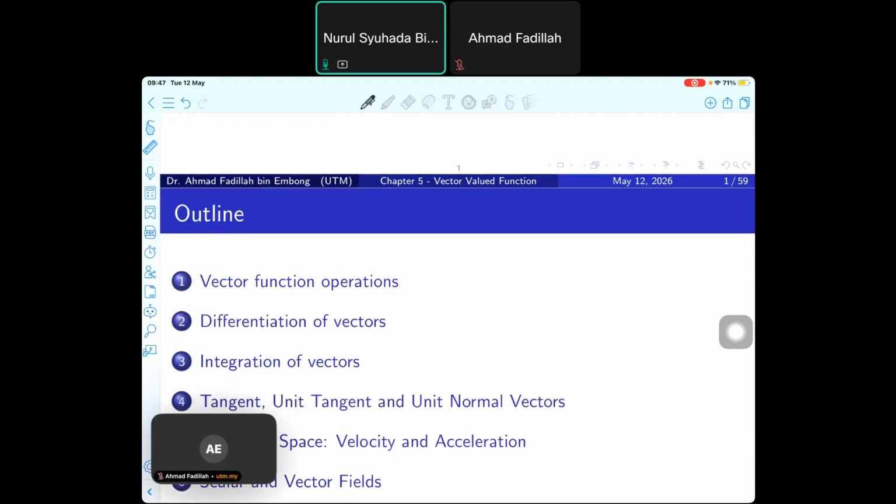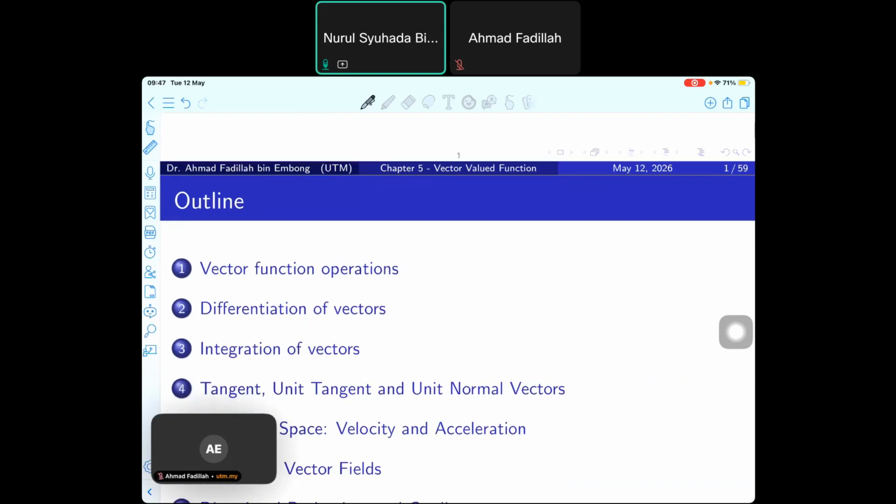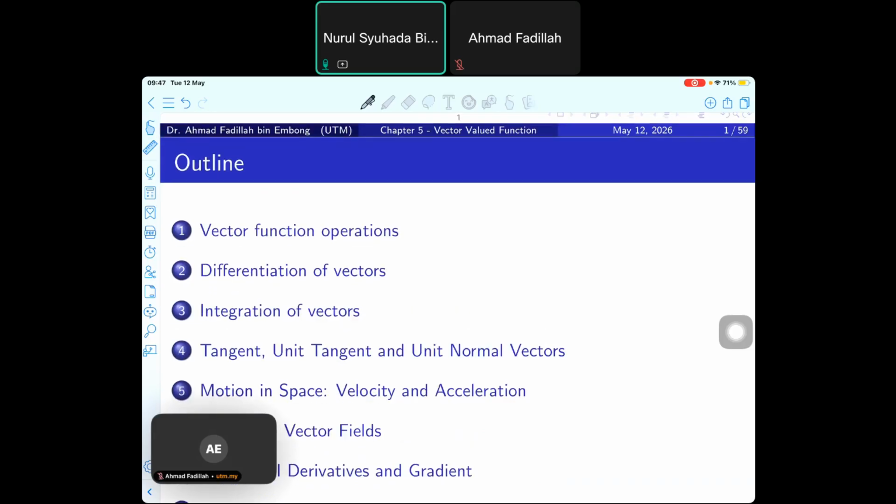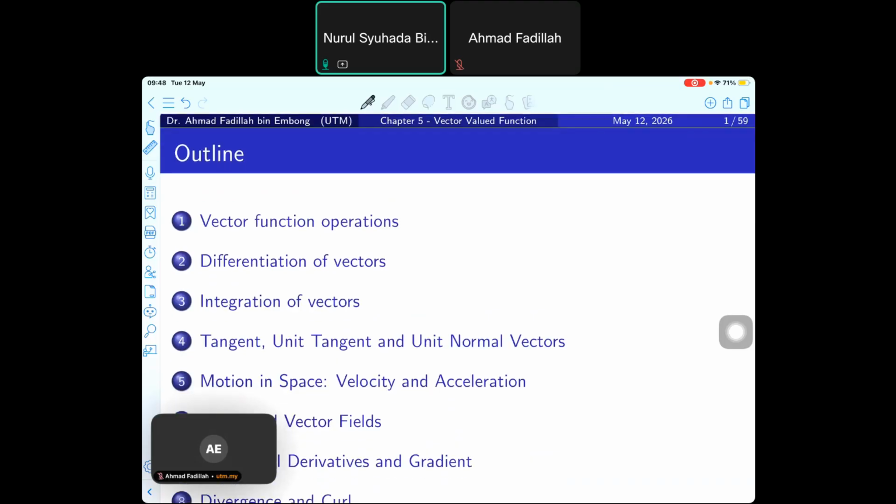First, we are going to look at the vector function operation. Basically, we are going to recall again what the dot product is, what the cross product is, and so on. Next, we are going to look at differentiation of vectors.